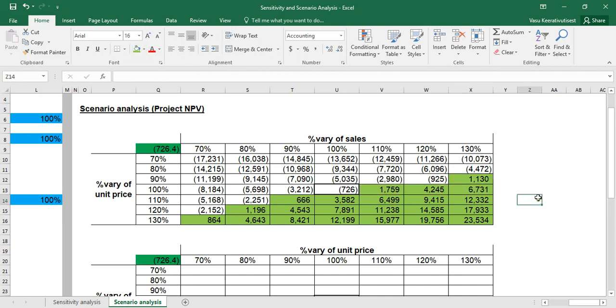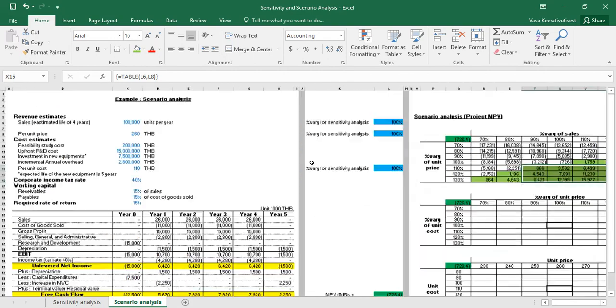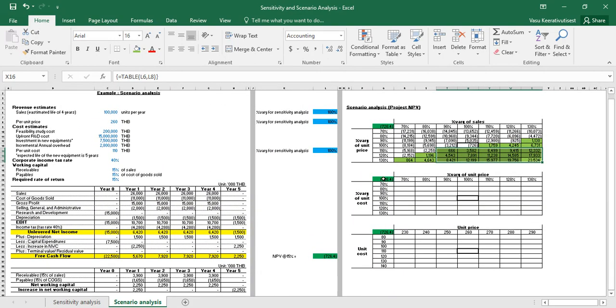So when we complete our scenario analysis like this, we understand those combinations, for example, if your percent of sale increases 30% and the unit price can be lower, at 90%, not 10%, this brings you the positive NPV. So you can see that those positive NPV cases come from two assumptions at the same time.